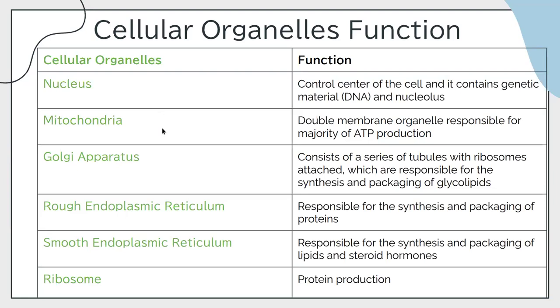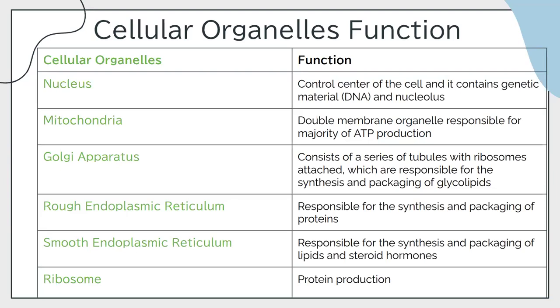Then you have the mitochondria, commonly called the powerhouse of the cell. This is where the majority of the ATP is produced, and again, ATP is the energy that the cell uses. Next, your Golgi apparatus. It's basically a series of tubules with ribosomes attached to it, and it is responsible for the synthesis and packaging of glycolipids.